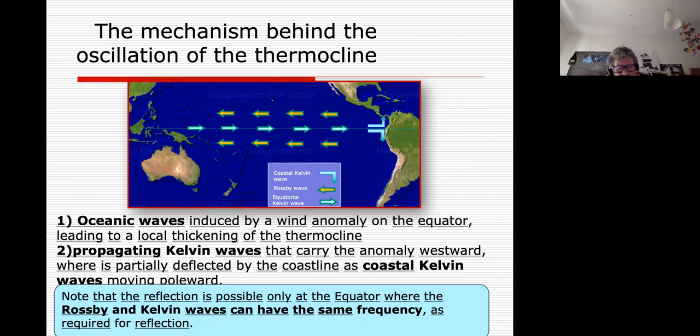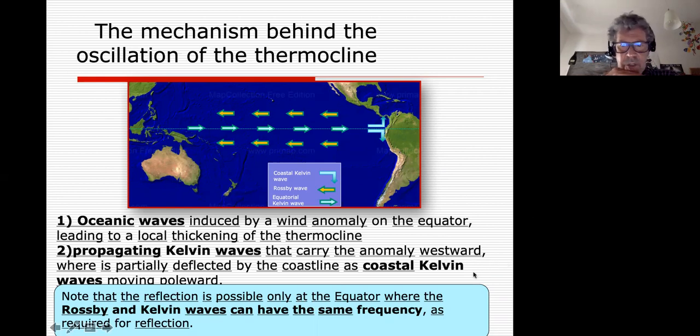Probably the most elegant explanation is the fact that the reflection is possible only at the equator, because at the equator, Rossby and Kelvin waves can have the same frequency, as is required.